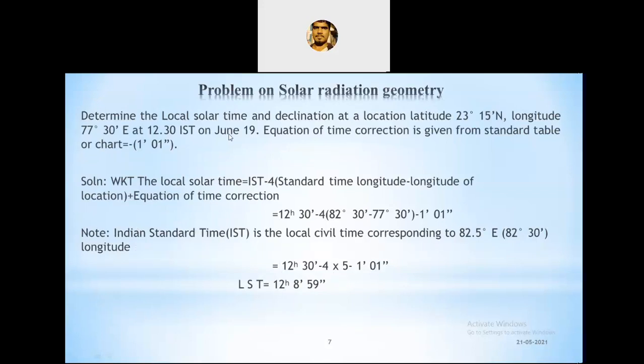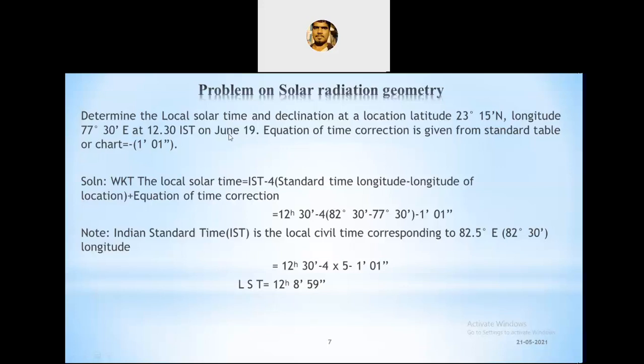The standard longitude, taken from the chart, is 82 degree 30 minutes, and the longitude of the location is 77 degree 30 minutes. Plus the equation of time, which in this problem is minus 1 minute 1 second.